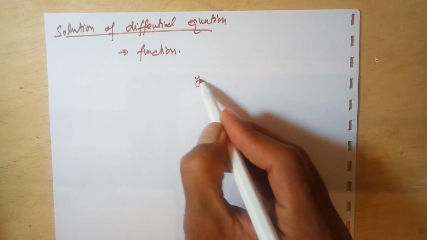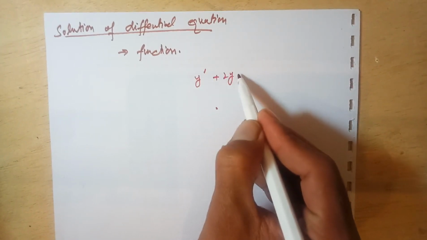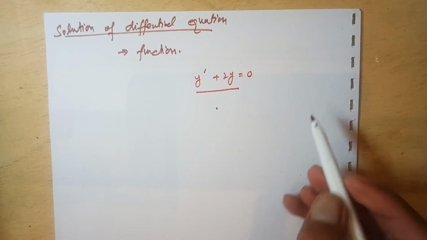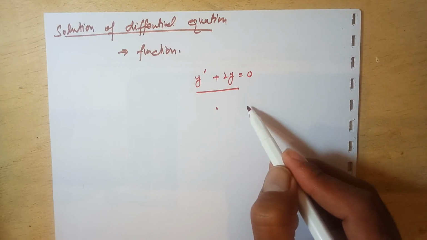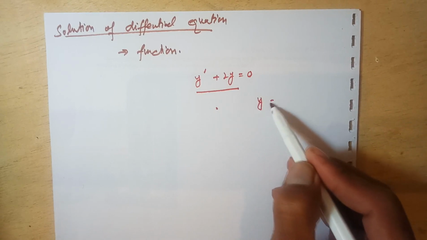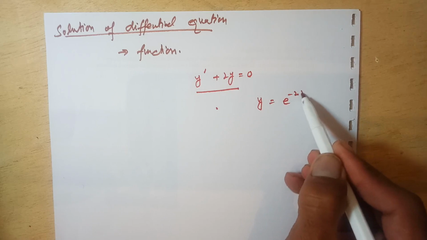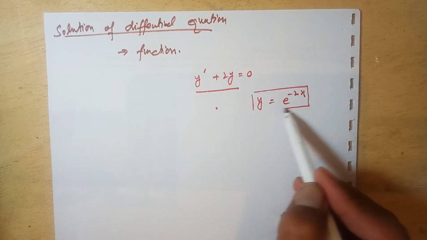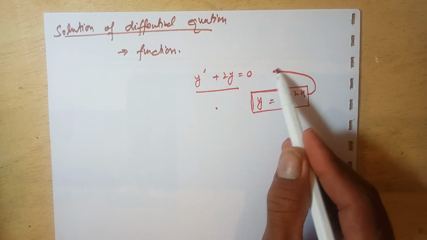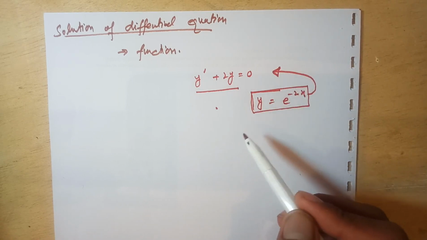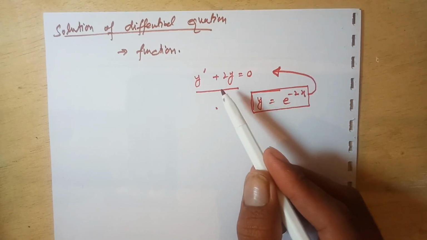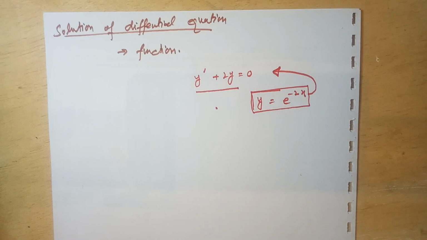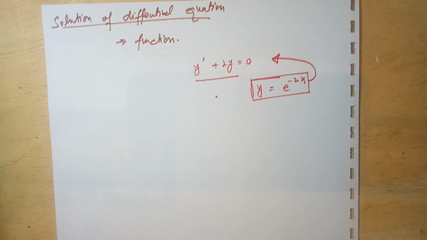We have a differential equation y prime plus 2y is equal to 0, this is my differential equation, and it is also given that the solution of this differential equation is a function, y is equal to e power minus 2x. So check whether this is the solution of this differential equation or not. If this is the solution, it must satisfy this differential equation. If it's not, it will not satisfy this equation. So check whether it's a solution or not.